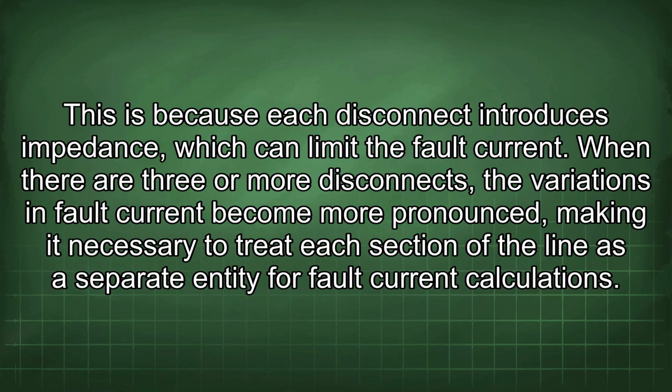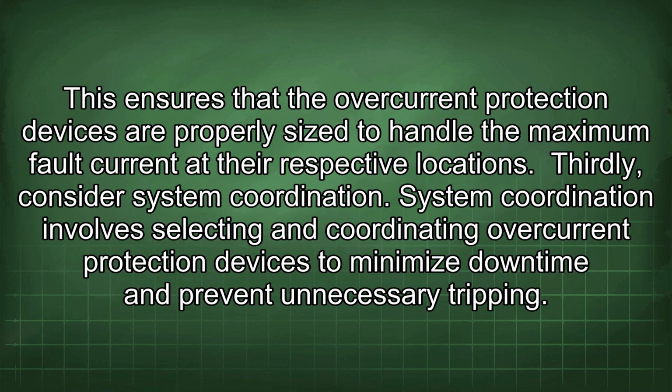This is because each disconnect introduces impedance, which can limit the fault current. When there are 3 or more disconnects, the variations in fault current become more pronounced, making it necessary to treat each section of the line as a separate entity for fault current calculations. This ensures that the overcurrent protection devices are properly sized to handle the maximum fault current at their respective locations.